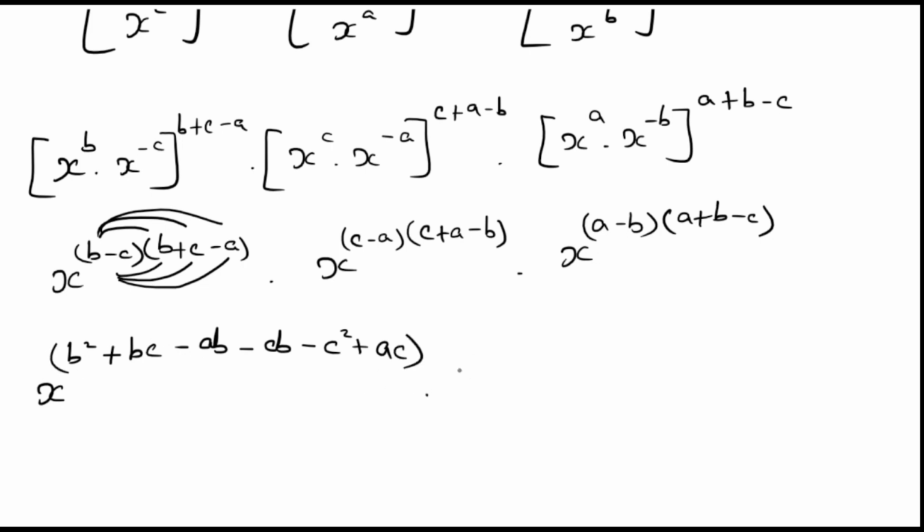Into, here x into c, and c will get c square plus c into a, ac, minus c into minus b is bc, and minus a into c is minus ac, and minus a into a square, and plus ab.